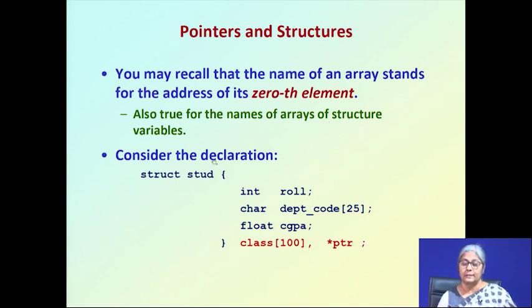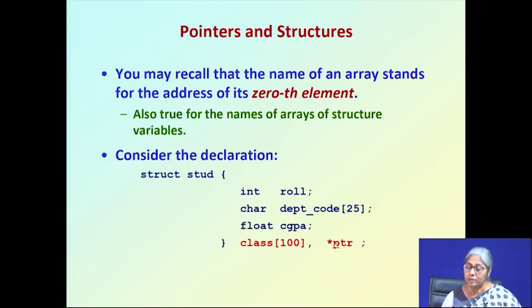So, consider the declaration. Again, this is a stud type of structure with role, department code and float CGPA. An array is class 100 and star PTR, one pointer. Now, see what we have read: class 100 is actually of type struct stud, that means class i dot role, class i dot department code, like that.